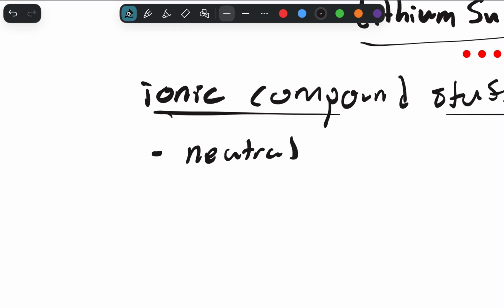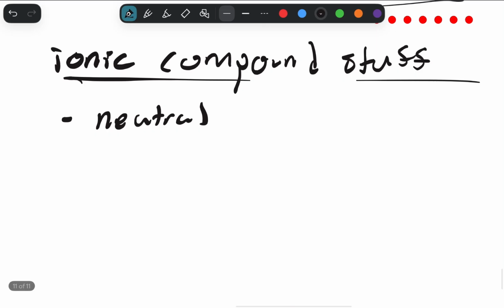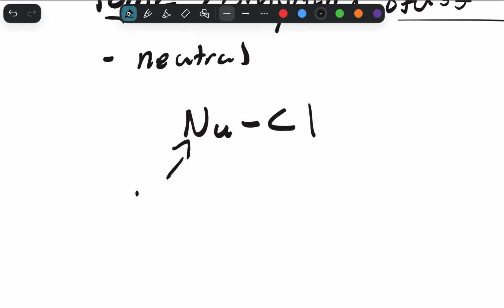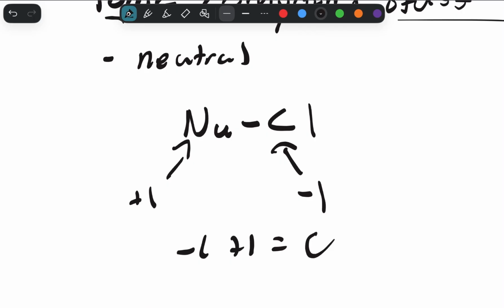Okay, the charge is neutral. So if we go back to what I was talking about with sodium chloride, this is a positive charge, or you can write +1 charge, and this here is a negative charge, -1 charge. So if you add them together, -1 plus 1, you would get 0, thus making it neutral, right? So ionic compounds are neutral.